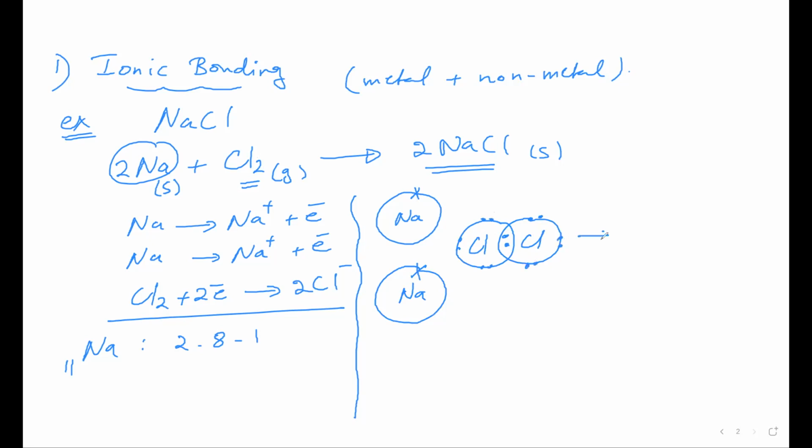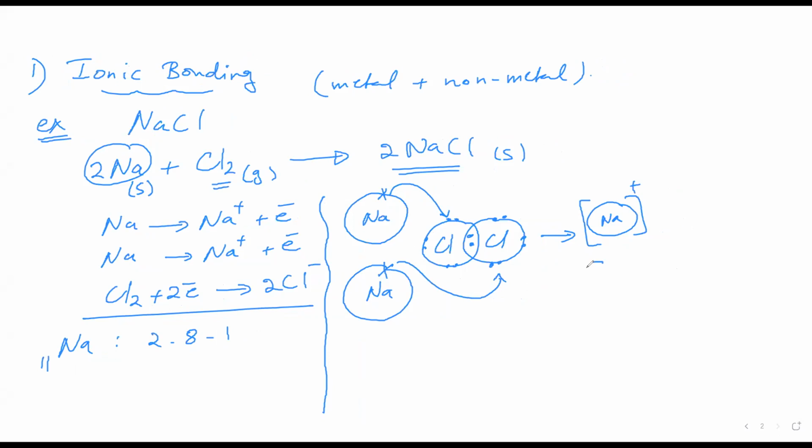And here we will see that each sodium would give its electron to one of the chlorine atoms, and then the ionic compound is formed where sodium is now empty. The outermost shell of sodium is empty, but we have to write a positive charge to show that it lost its electron. And also the other sodium lost its electron and formed the positive ion.